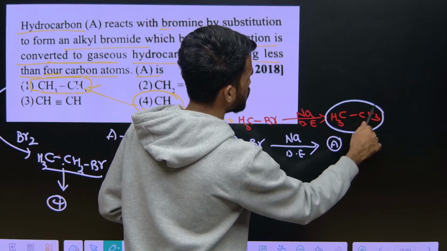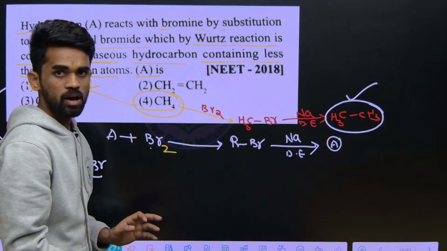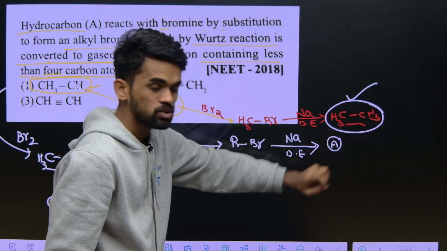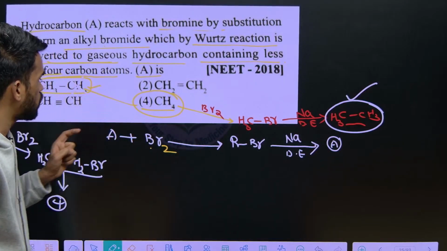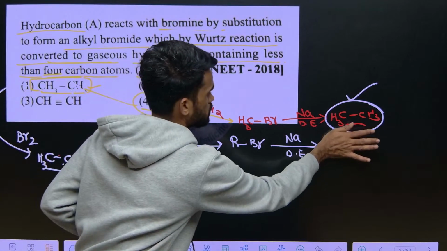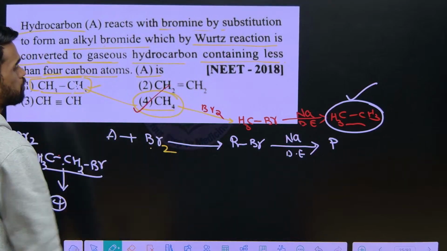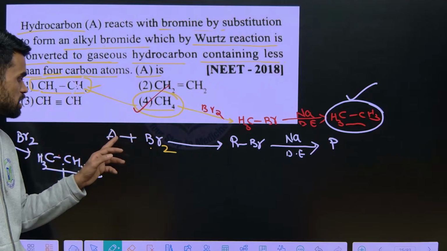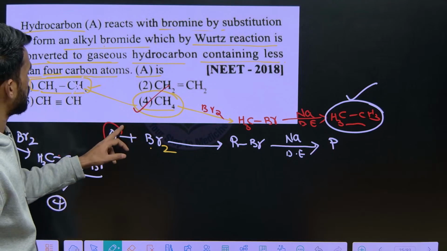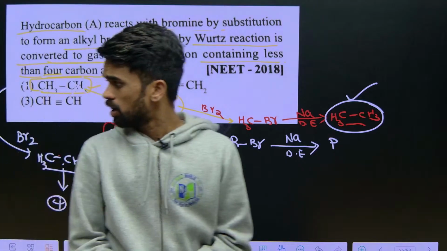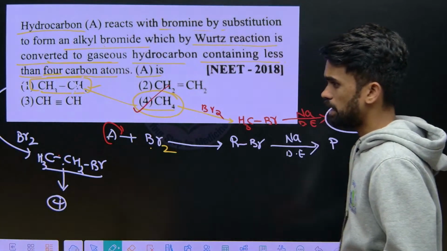So this is our final product formed here, having fewer than 4 carbons; only 2 carbons are there. So what is the suitable answer out of these 4? What is our starting material here? Option 4. Methane is our starting material A. So now the discussion of this question is also clear. Right, let's move forward.